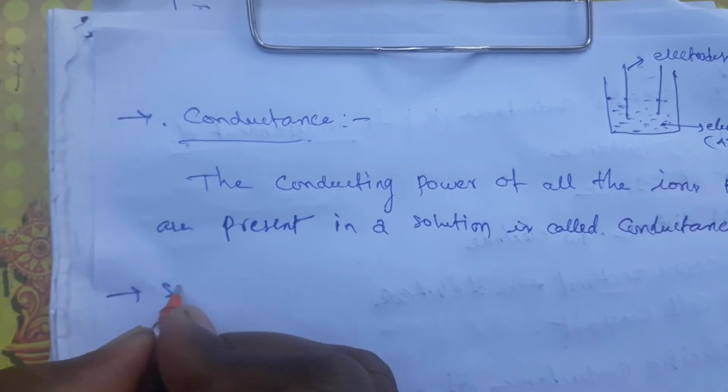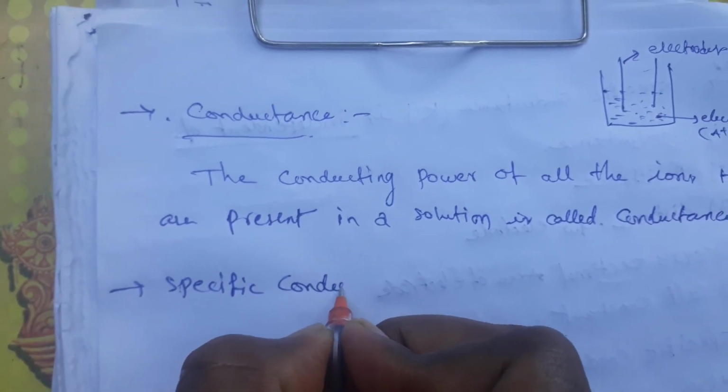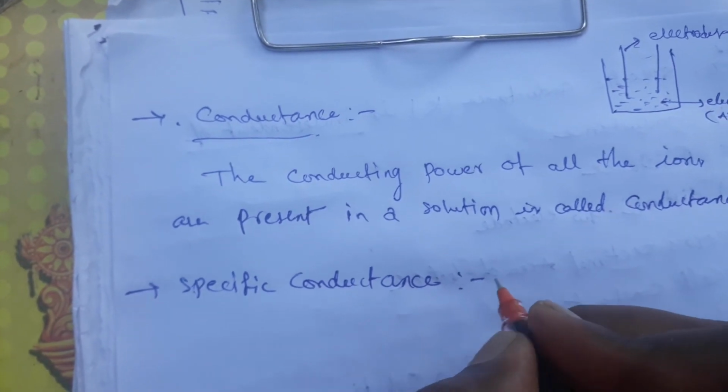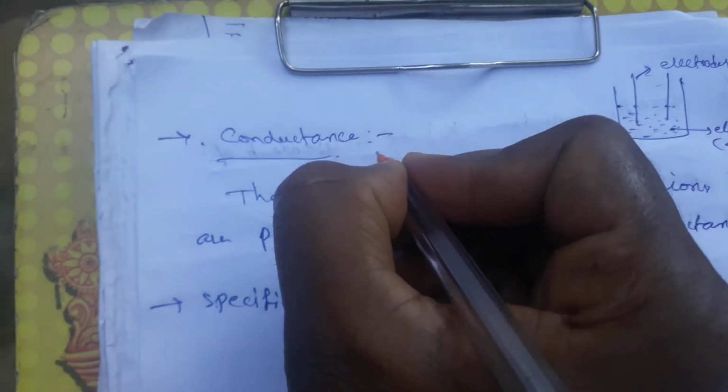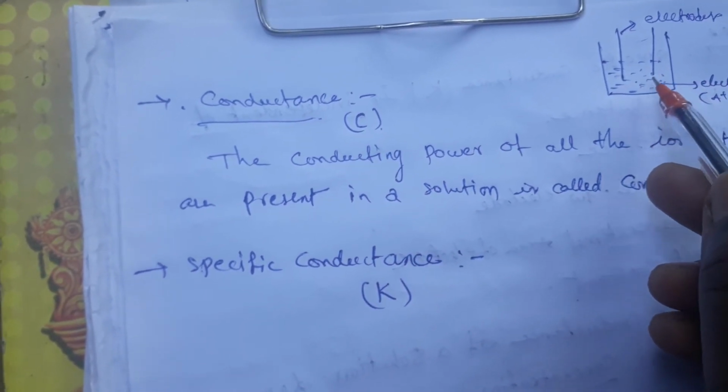So what is the specific conductance? That is represented here by C. Conductivity is generated due to the presence of these ions.